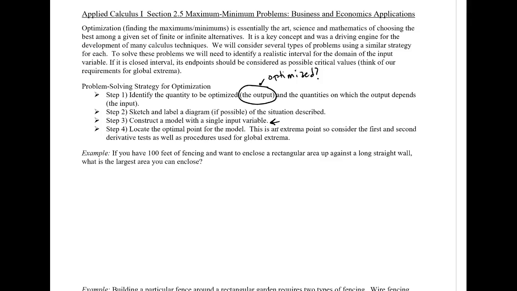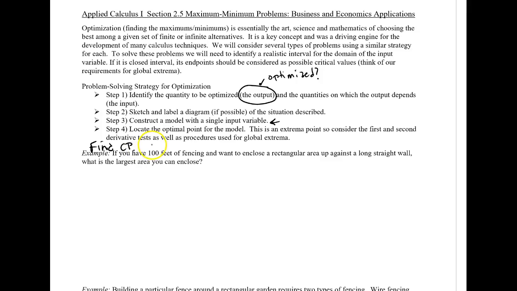And then step 4, we're going to locate the optimal point. This is where we do our first or second derivative test. So step 4 is where we actually do the things we were doing in the last section. And when we do this, we're going to find the critical points.